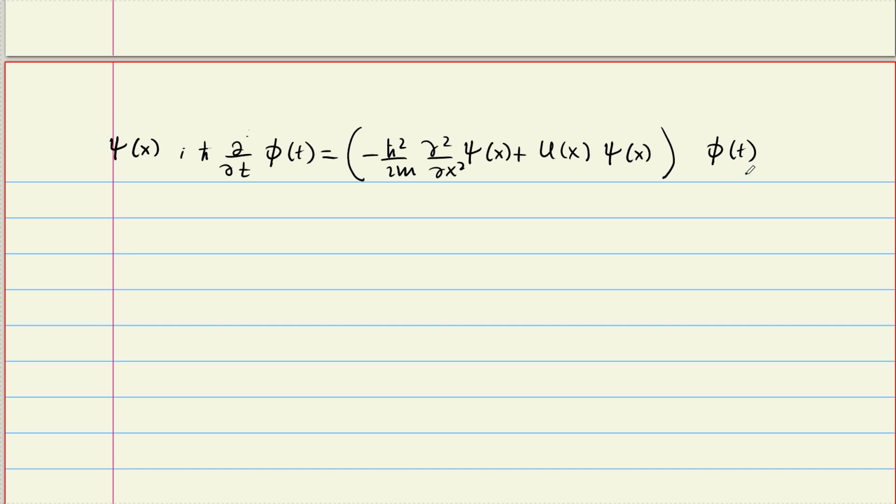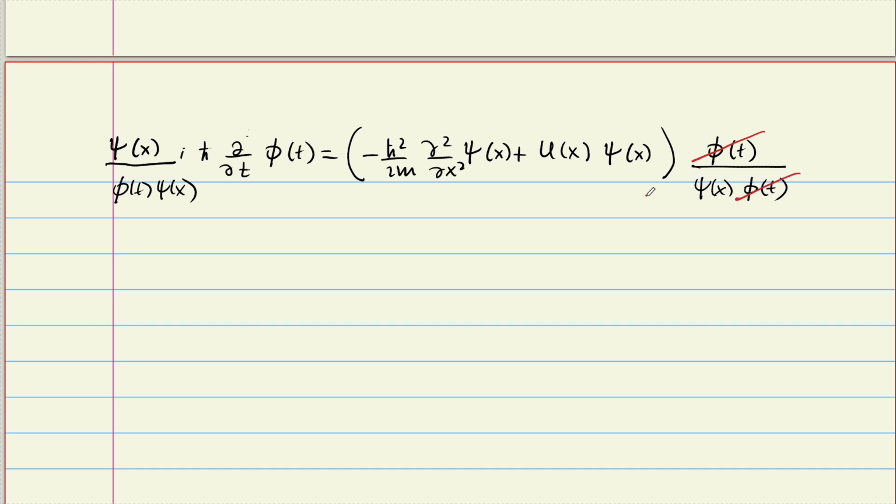And now I divide both sides by psi of x and phi of t. I divide by phi of t, psi of x, and I cancel this.